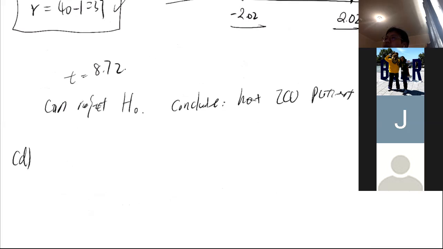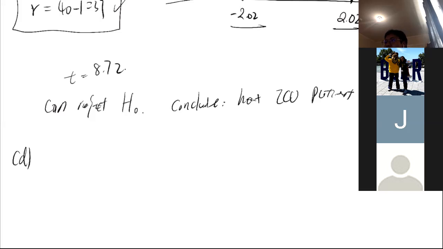For part B, the sample size is actually greater than 30. It's actually 40, and we are using a t-test. We can do that, but more preferably, we should use a z-test because it's more common in practice.